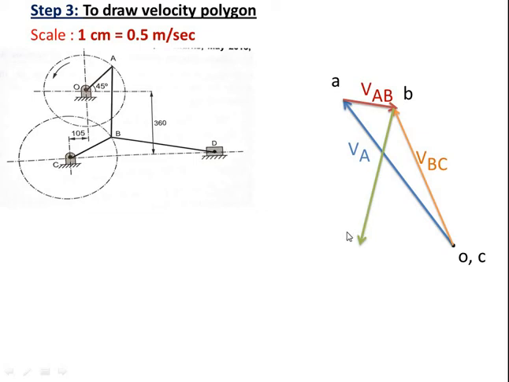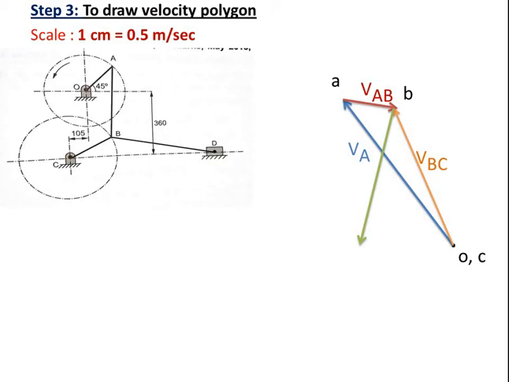On this line there will be point D. But as D is on BD, it is also the slider. So it will be at the intersection of the velocity of the slider and the velocity of link BD.